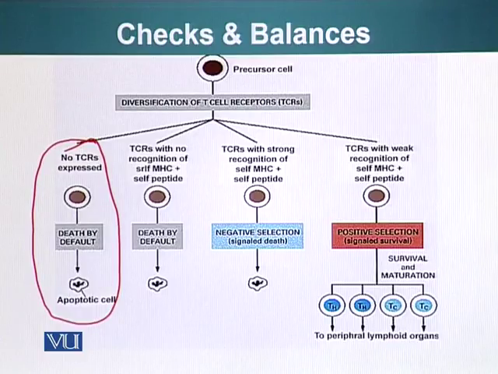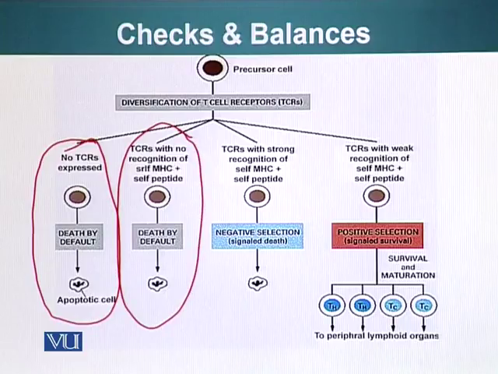T cells with a TCR that has no recognition of self MHC or self peptide also go through apoptosis. Although they have a T cell receptor, it does not recognize self MHC or self peptides. We don't need these types of T cells either.